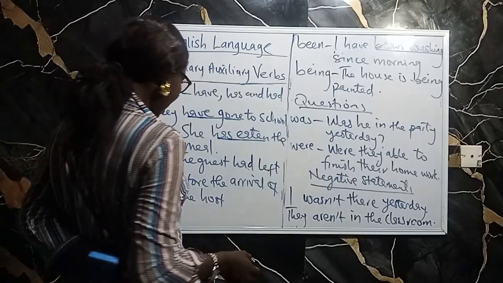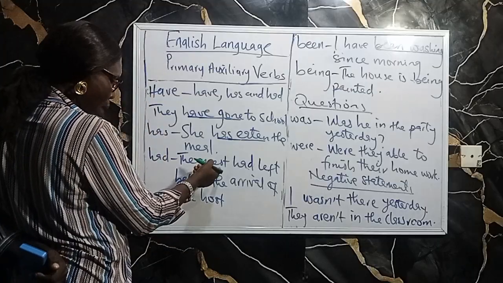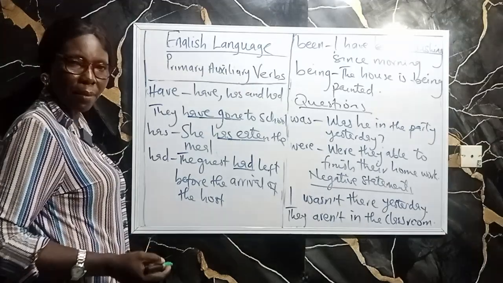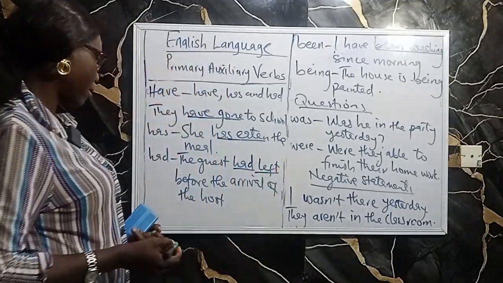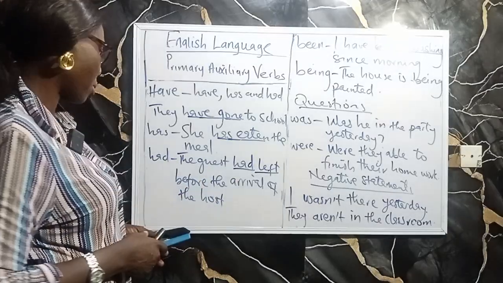The guest had left before the arrival of the host. Remember, we're talking about one person here. So we have had as the primary auxiliary with the main verb left. Okay, so left here is past participle.